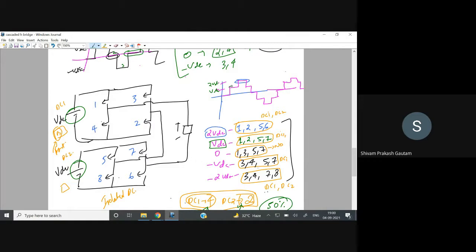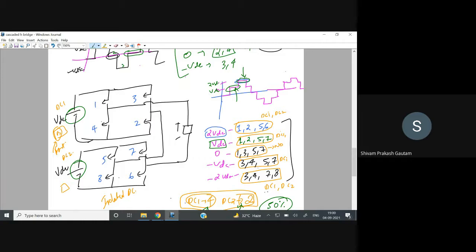But you see here, the width of the pulses has to be equal. Are you getting my point? If the width is different, then again there will be a problem of unbalancing. So the width of the pulses has to be the same.